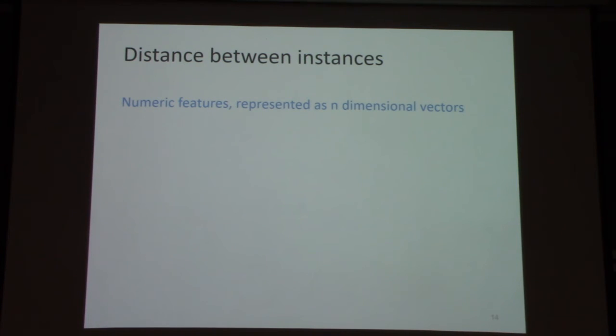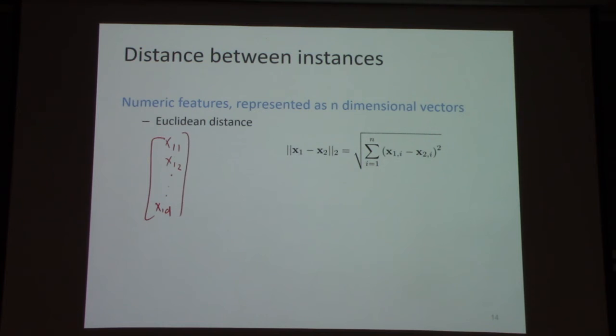You can take the norm, that's called the Euclidean distance, the square root norm. I'm going to work through this slightly in detail just to make the next point. If you have x1 and x2 as 2 points, you have 2 vectors, x11, x12, up to x1d, and x21, x22, up to x2d.